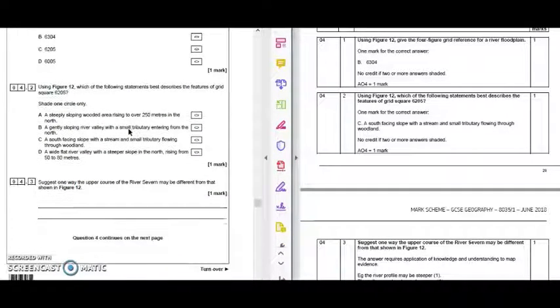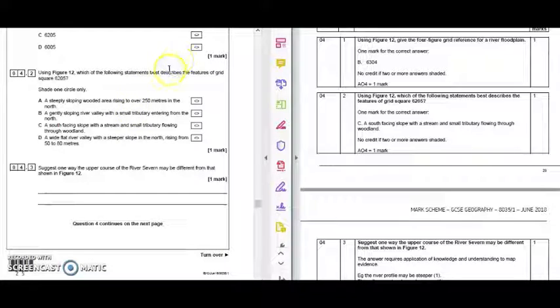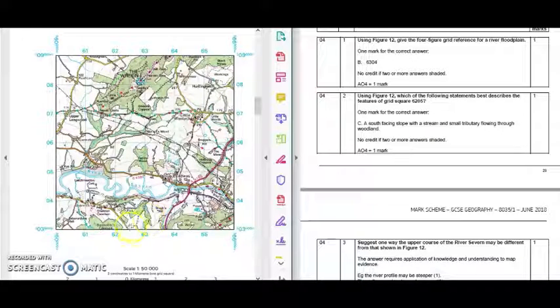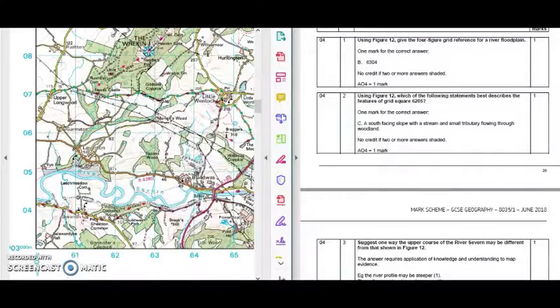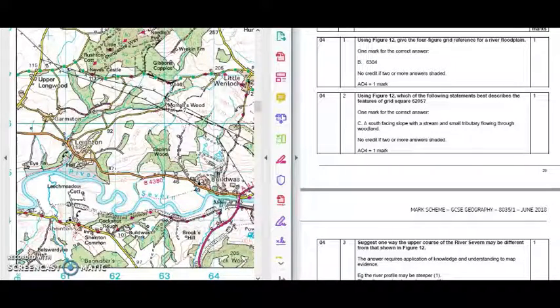4.2, using the figure again, which of the following statements best describes the features of grid square 6205? So 6205, which is this bit here, I can zoom in, 6205. It's this square here, where we have a south-facing slope. You can tell how steep the land is by these faint reddy-orange lines.